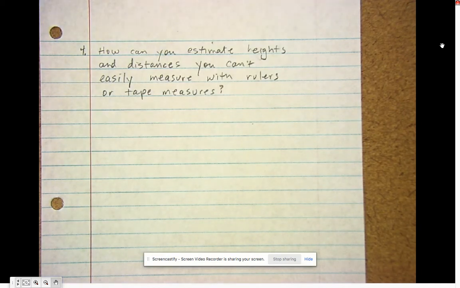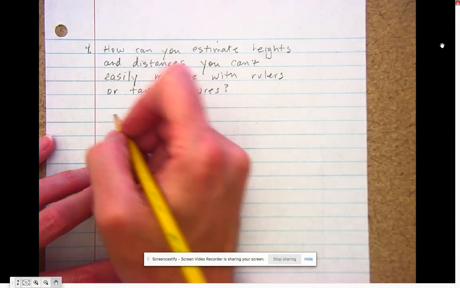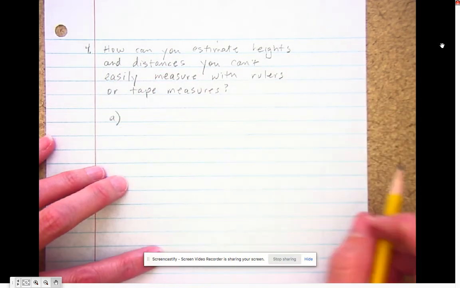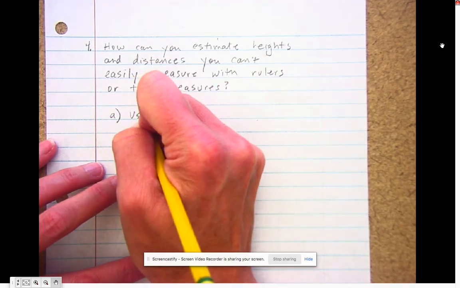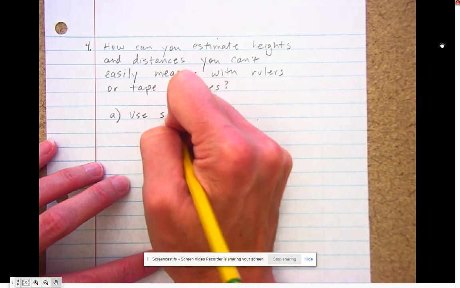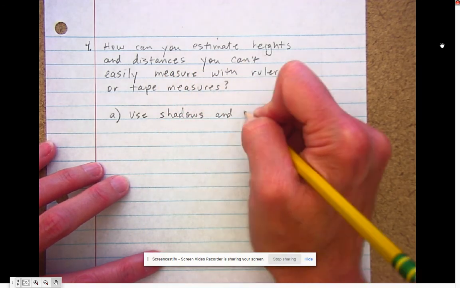So we have two different methods: we could use shadows or mirrors. Although we couldn't use the shadow, we talked about it. If we had a flagpole outside, let's say how we could use shadows and similar triangles.